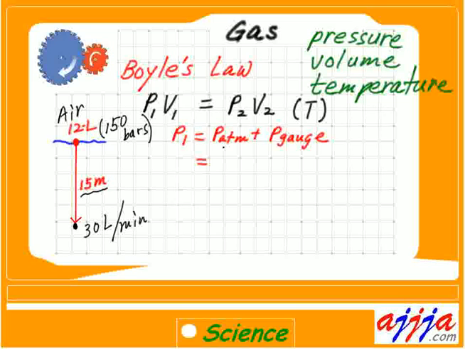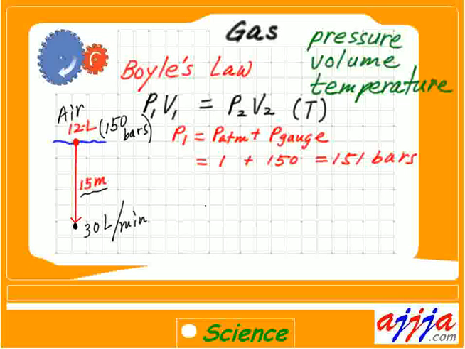Atmospheric pressure is 1, plus the reading, which was 150 bars, which is a total of 151 bars. Very important.